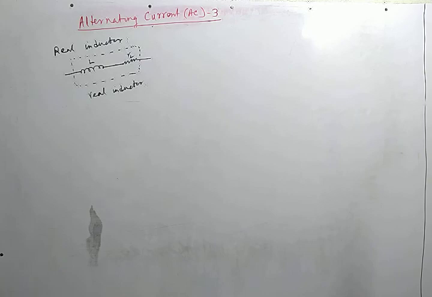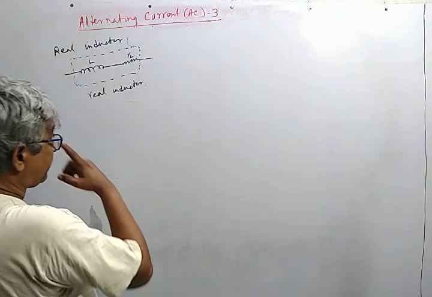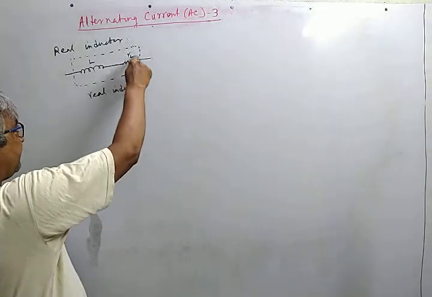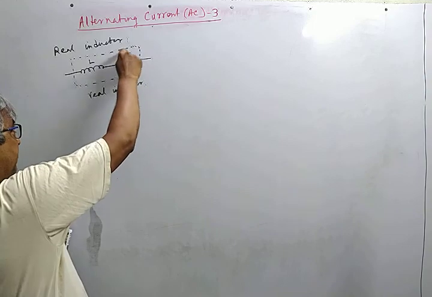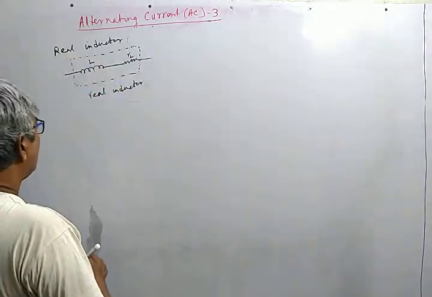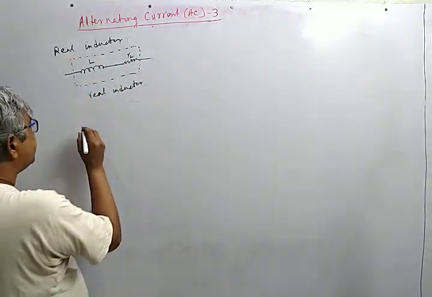But for a real inductor, since there is RL present, some energy will be lost across RL, and that leads to a loss effect. Now the problem is how to have a measure of RL. I am going to discuss this one.